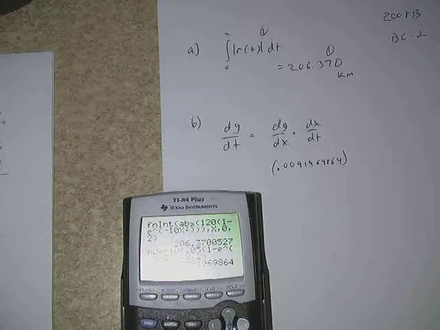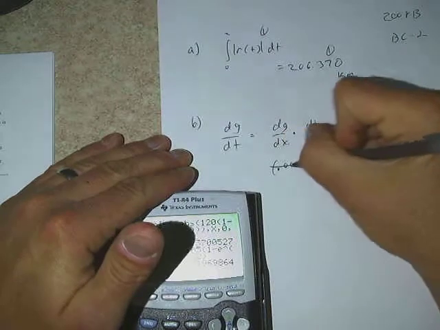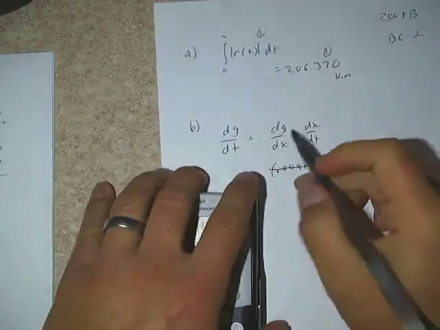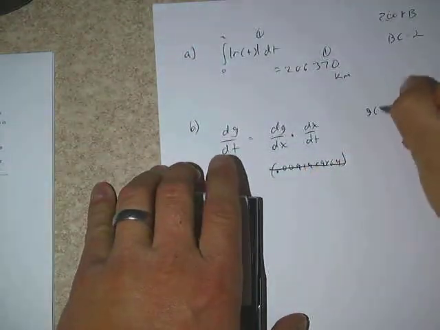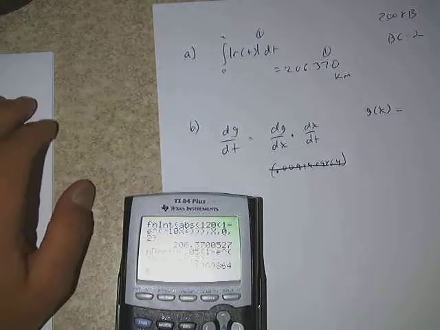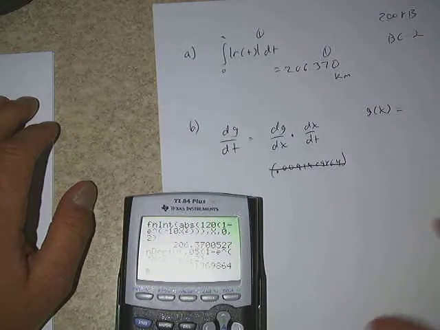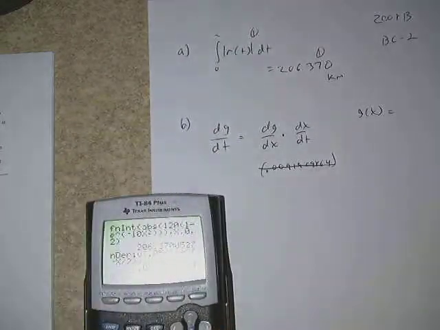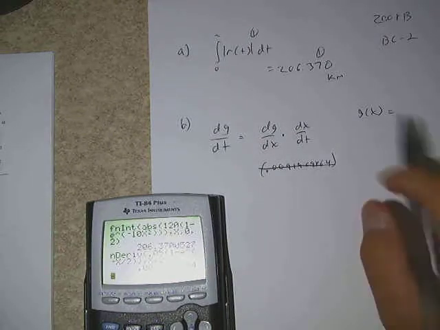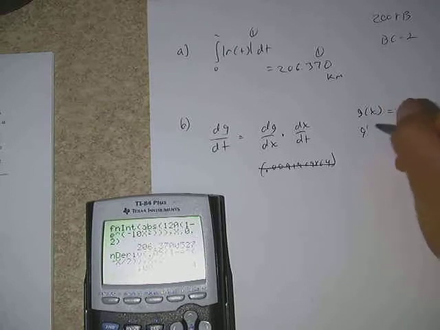So that turns out to be 0.00919696864. So that's our dg dx part. Okay. Oh, you know what? I lied. That's not correct. Scratch that.